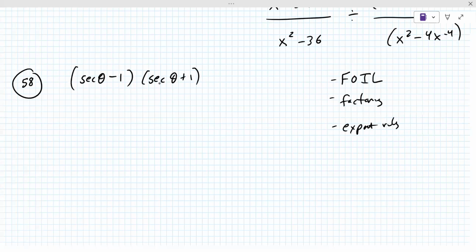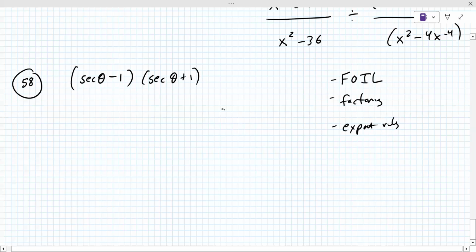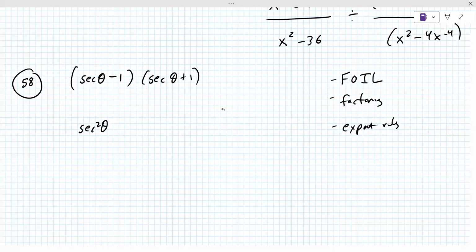So this one is actually better to FOIL first. So this is secant squared theta, that's the first times secant theta.